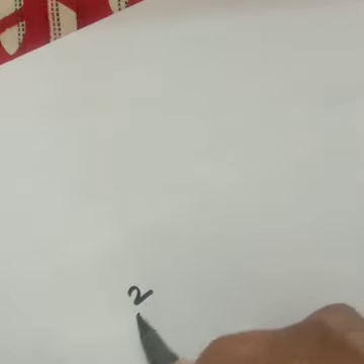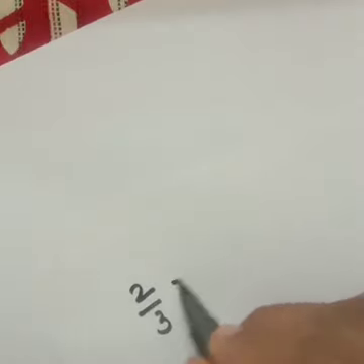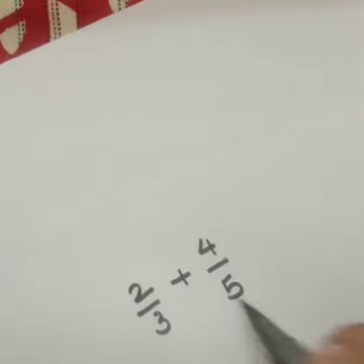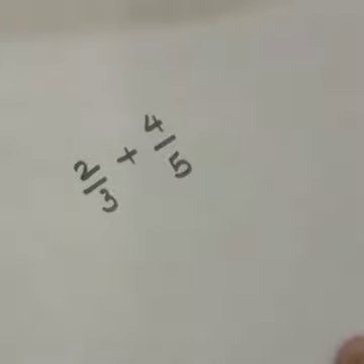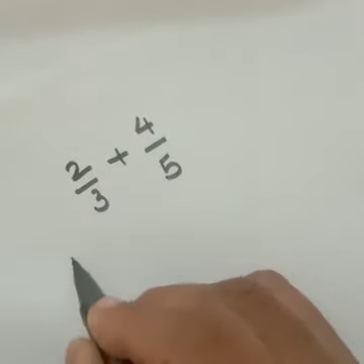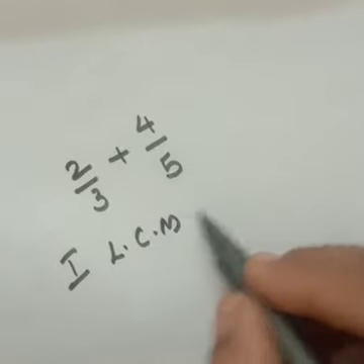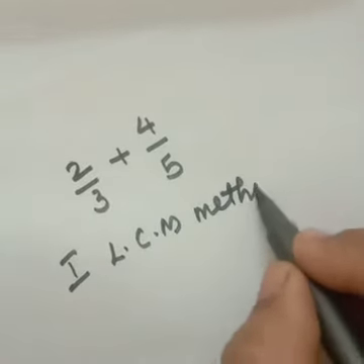Exercise 3.2. Before starting the exercise, I will show one problem, how to do it in 3 methods. Suppose 2 by 3 plus 4 by 5. Suppose this is the question. The first method is the LCM method.